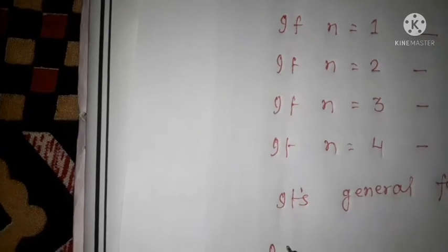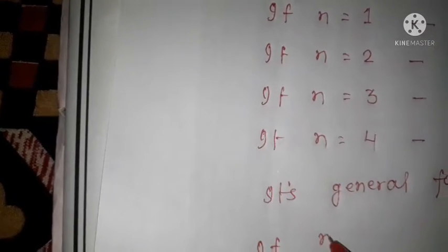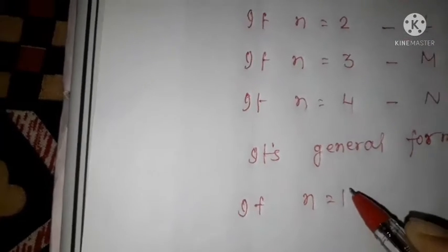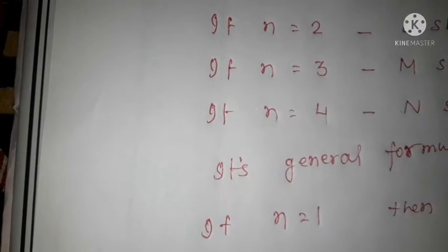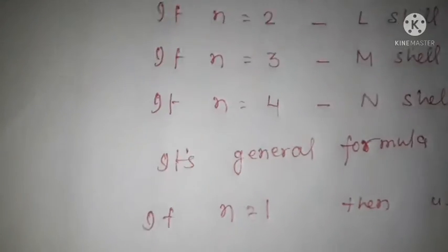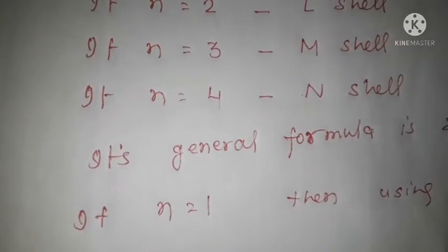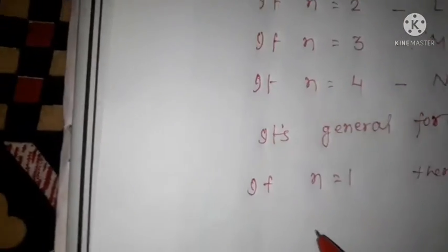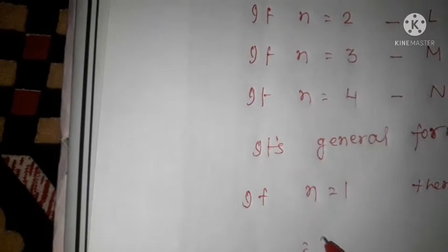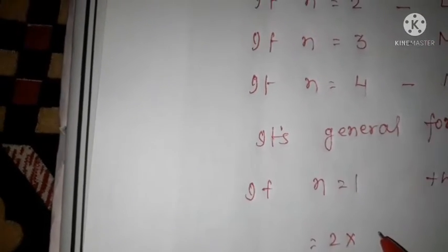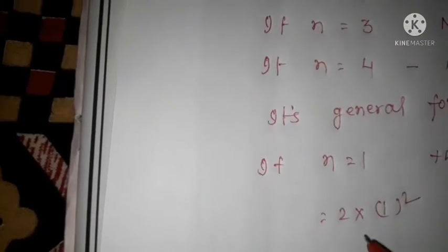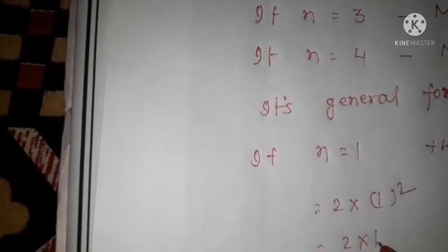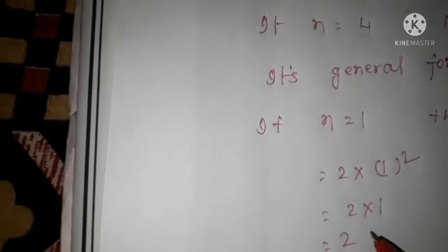If n is equal to 1, then using this formula 2n squared, 2 into 1 squared, then we calculated 2 into 1, that means 2.